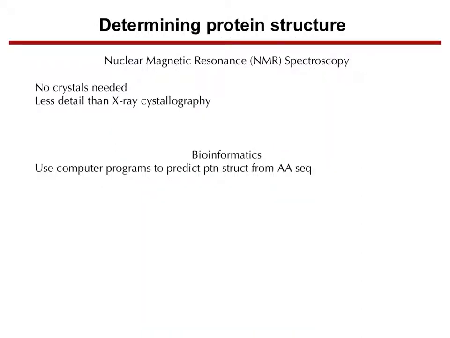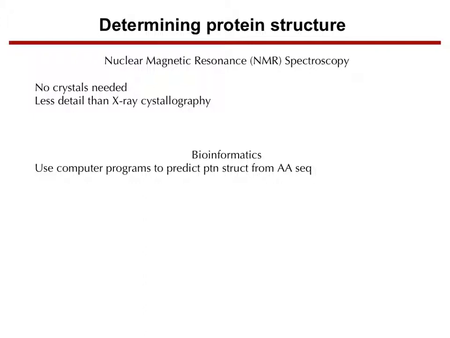There are also other protein structure determining methods like nuclear magnetic resonance, NMR spectroscopy. It's a little less detailed than X-ray crystallography, but sometimes easier. And we can also try to predict how proteins are going to fold through bioinformatics, using computer programs to do that.